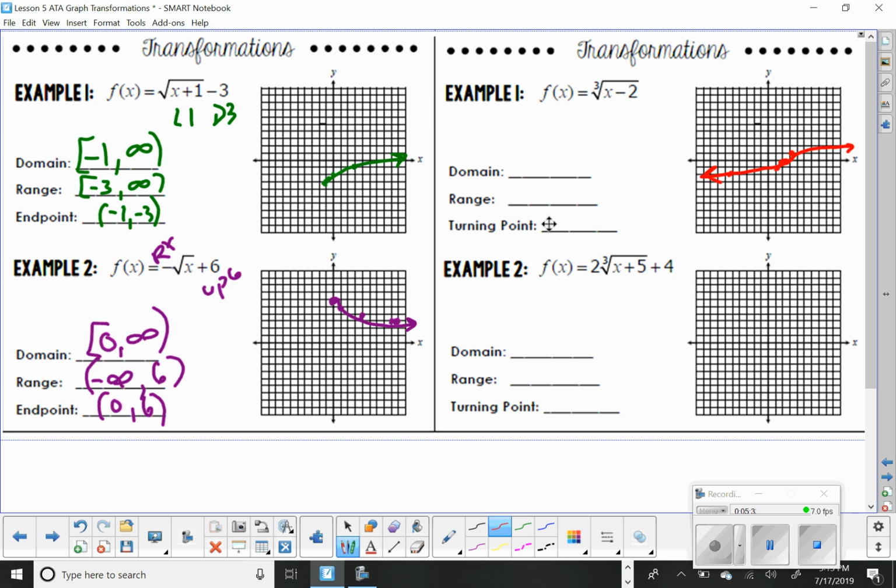The turning point here is 2, 0. Now the neat thing about these guys is they're always negative infinity to positive infinity, because they're always going forever left, forever right, forever up, forever down. Okay?